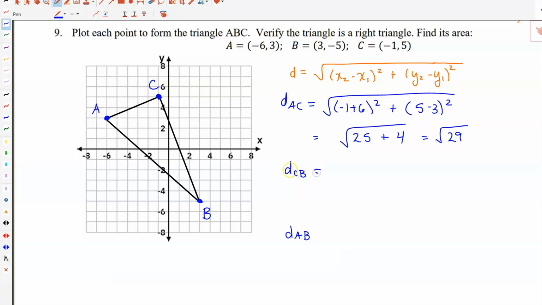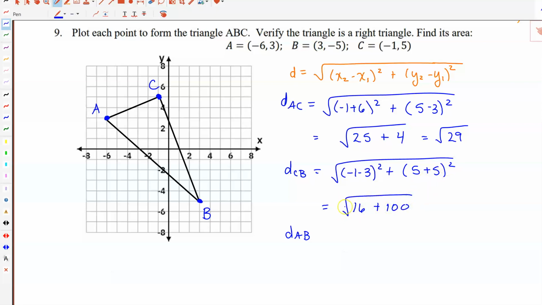Next we'll find the distance from C to B. So looking at those 2 ordered pairs, we're going to have the difference of the x coordinates. So -1 minus 3 squared plus the difference of the y coordinates is 5 minus -5 or 5 plus 5 squared, and take the square root of all of that. So -1 minus 3 is 4, 4 squared is 16, 5 plus 5 is 10, 10 squared is 100.